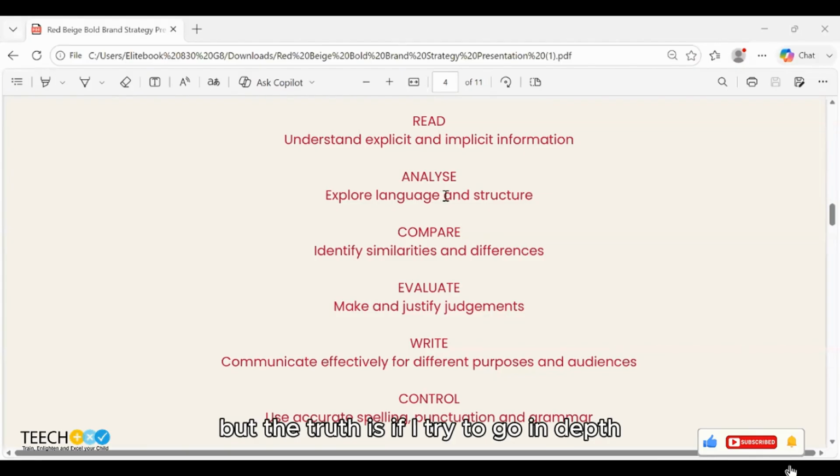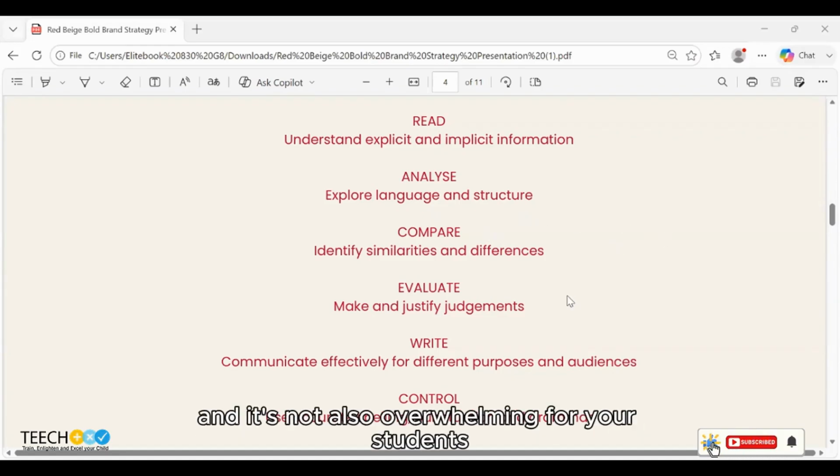But if I try to go in depth, it's going to be a lot, because each of these skills that I have listed here has several sub skills under it. And that's why I've recommended IXL. IXL takes each of these skills and breaks them into sub skills, so that it's not overwhelming for you and it's not overwhelming for your students.